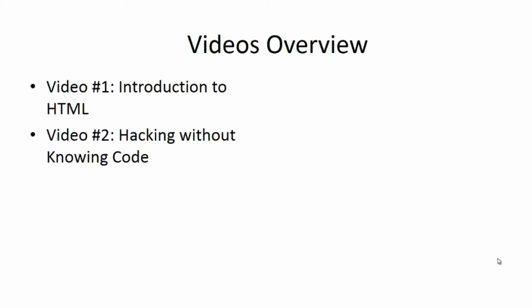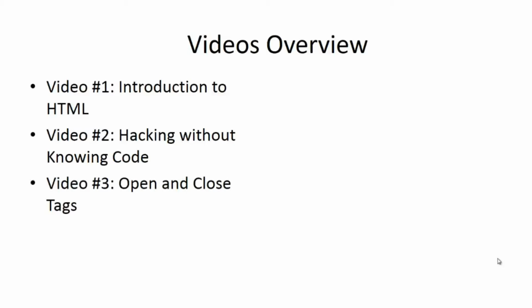So by hacking without knowing code, this is a specific strategy that you can utilize in the future where if you don't know coding, there's still a way to hack around HTML coding and make things look nice and things like that. But at the end of the day, you want to know basic HTML coding, which we'll dive into in video number 3, 4, 5, 6, 7, 8, and 9.